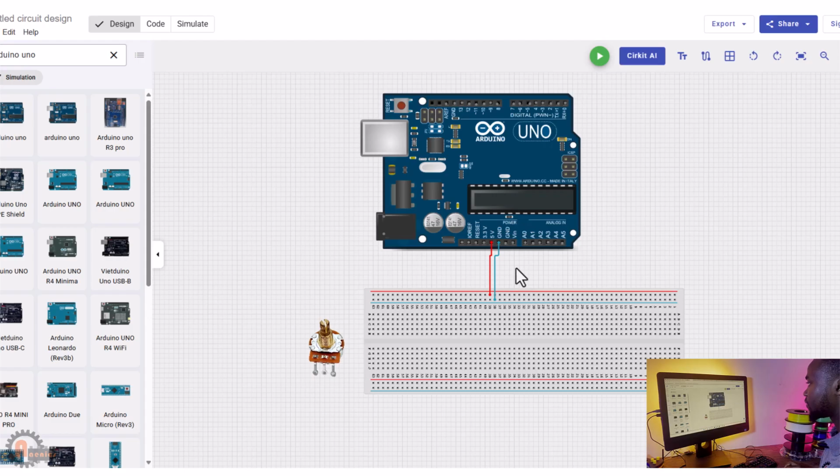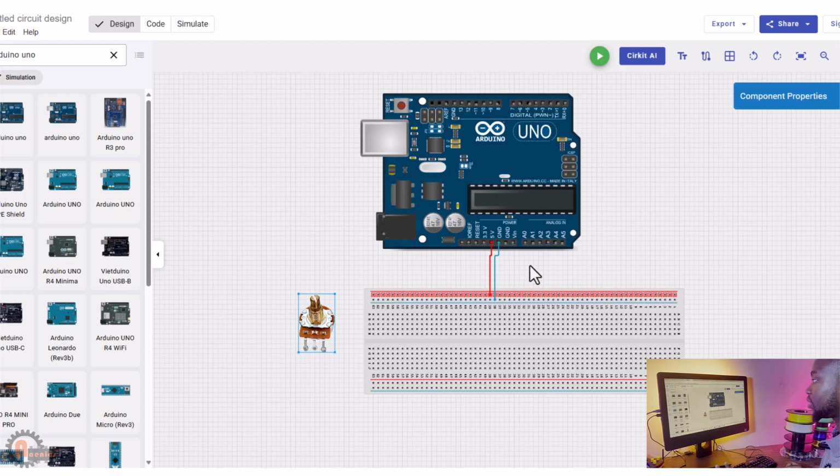Okay, so I have my power from the Arduino board connected to my breadboard now, and what I want to do is to power this potentiometer with this same voltage. So all I have to do is just to take my power from here. I can take my ground directly from here. I hope you get it this way. There's ground here.